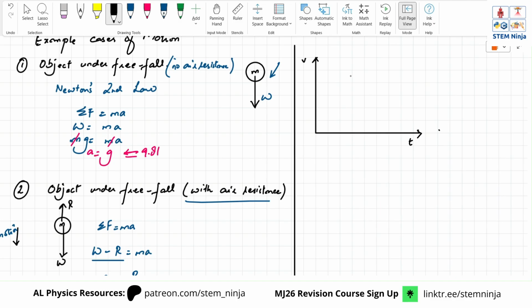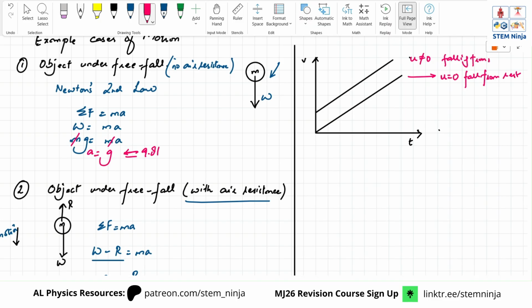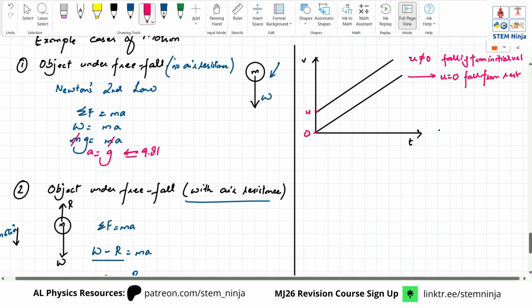If the object is falling under gravity, whether it's falling from rest, with u equal to 0, or u not equal to 0, falling from some initial velocity, so this is your u, this is your origin 0.